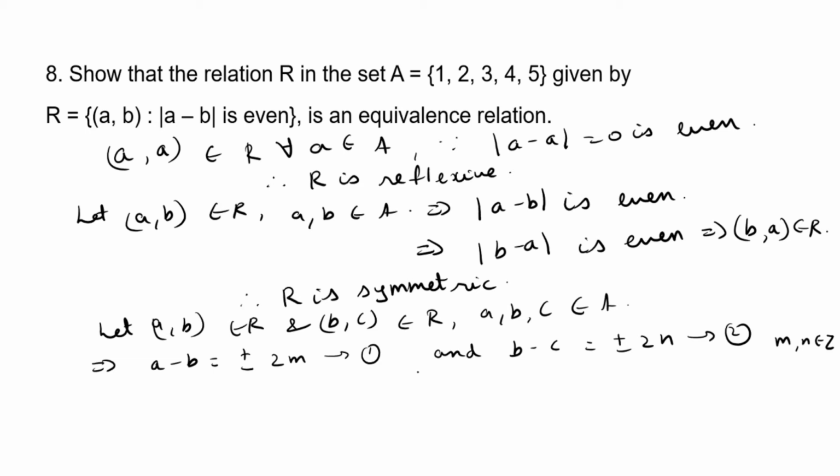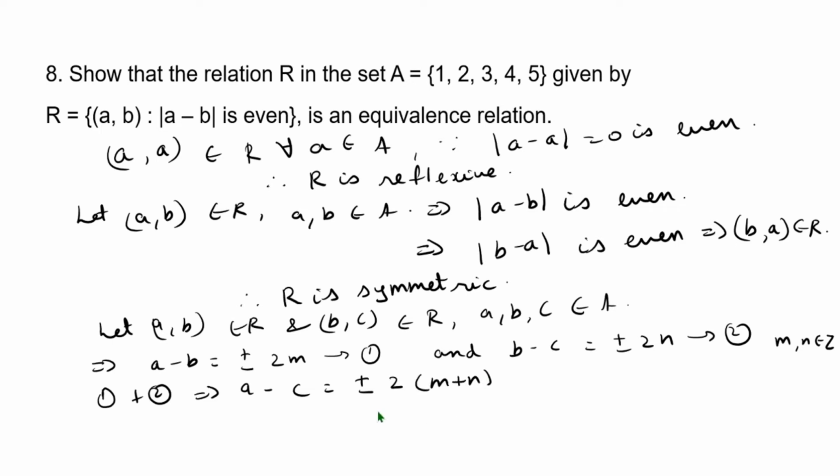Let us mark this as equation number 2, where m comma n belongs to Z, or m, n are integers. So if we add 1 and 2, we get a minus b plus b minus c, which will be a minus c. So a minus c is equal to plus or minus 2 into m plus n.